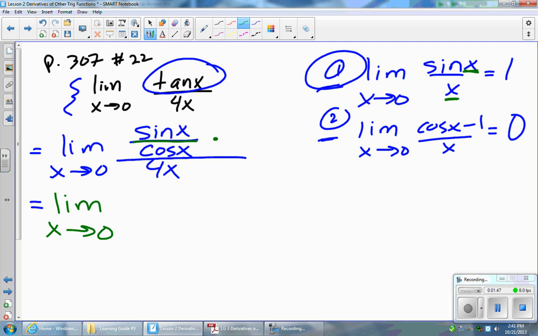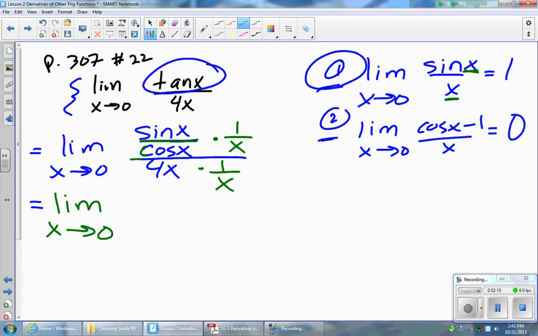We could multiply. Remember, we want an x on the bottom there. So you're going to multiply the top and the bottom by 1 over x. Same thing on the bottom here, we're going to multiply that by 1 over x. Whatever you do at the top, you must do on the bottom to preserve equality.